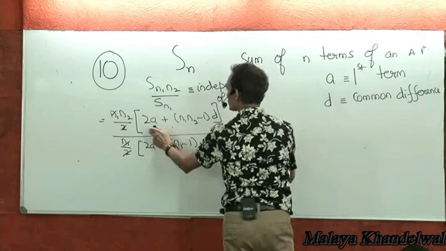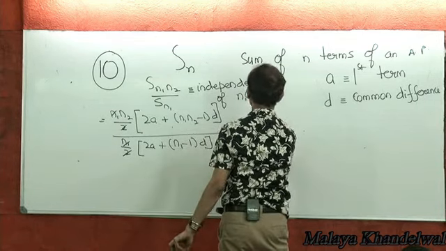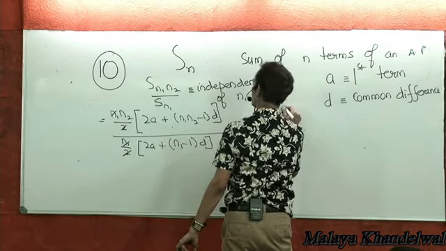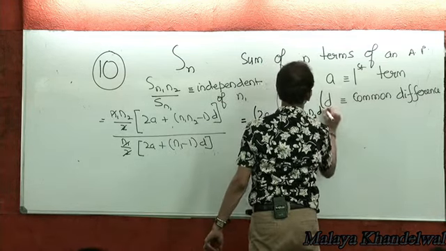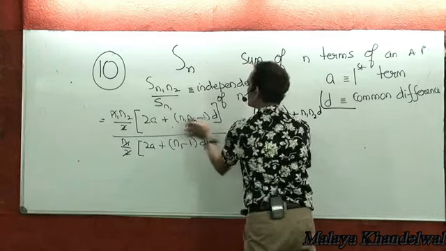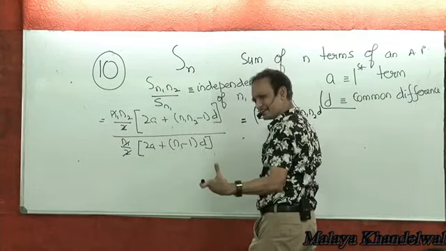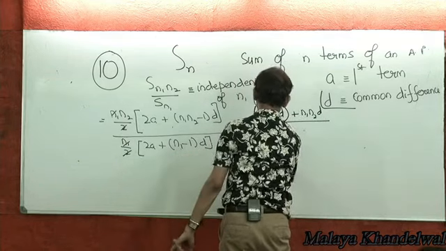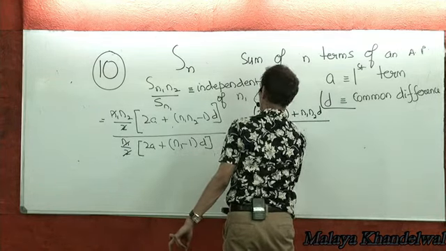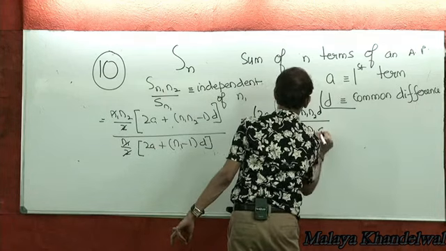Do the following. 2a minus d, write this as 2a minus d plus n1 n2d. Can I do this? 2a minus d plus n1 n2d, the numerator rewritten, that's all, divided by denominator 2a minus d plus n1d.